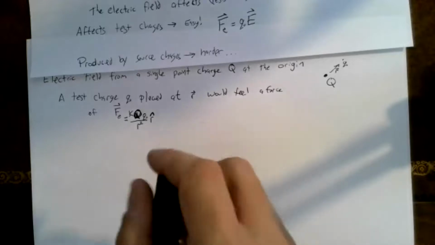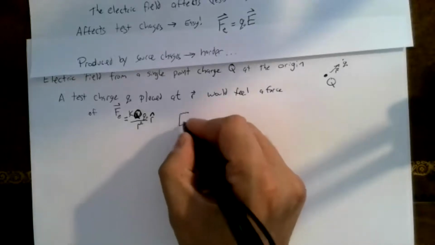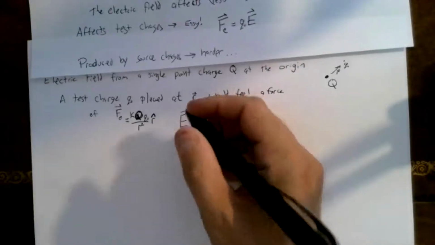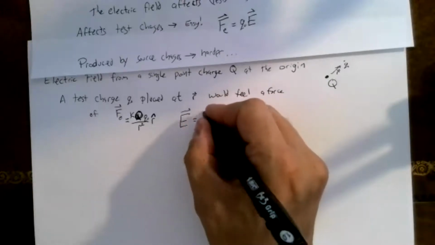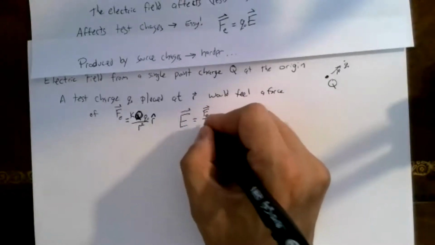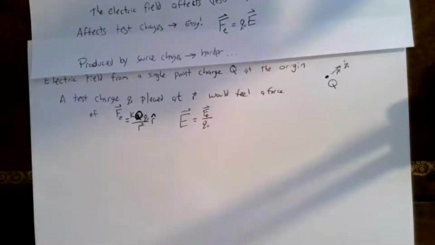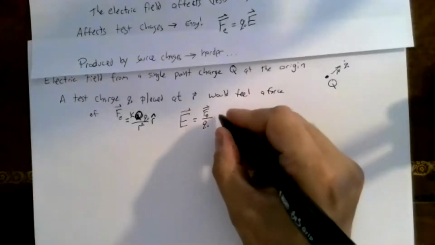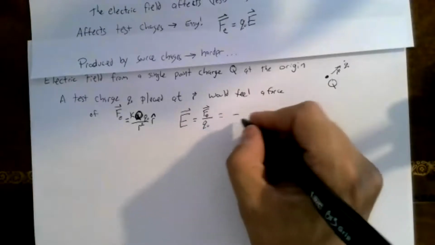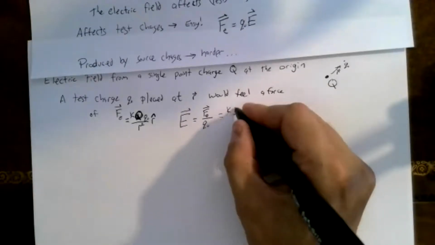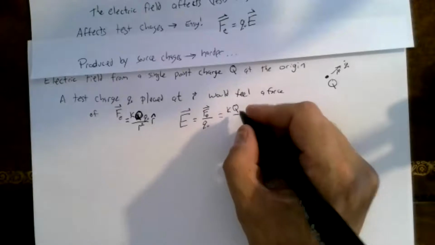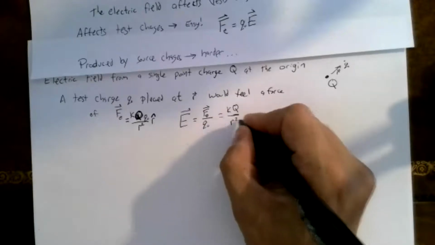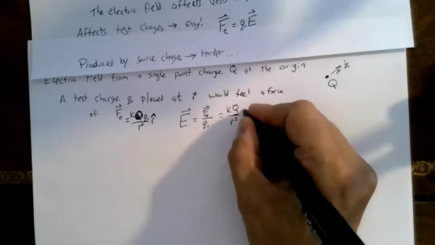So if we want the electric field from that source charge, which we have already defined as just the electric force with the test charge divided out, we can see that that's going to be kQ over r squared, in the r hat direction.